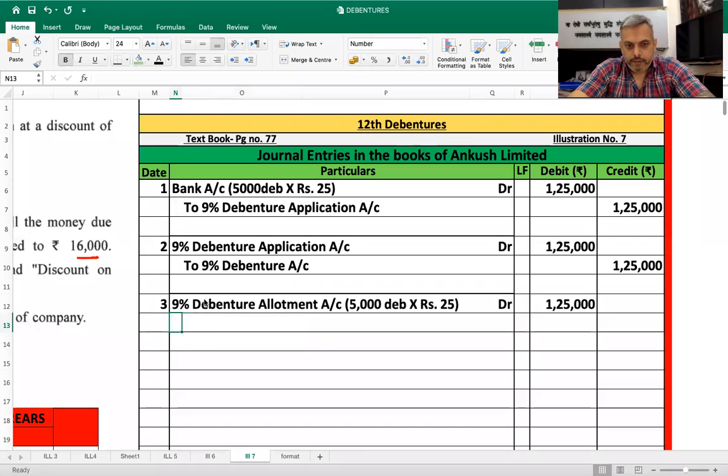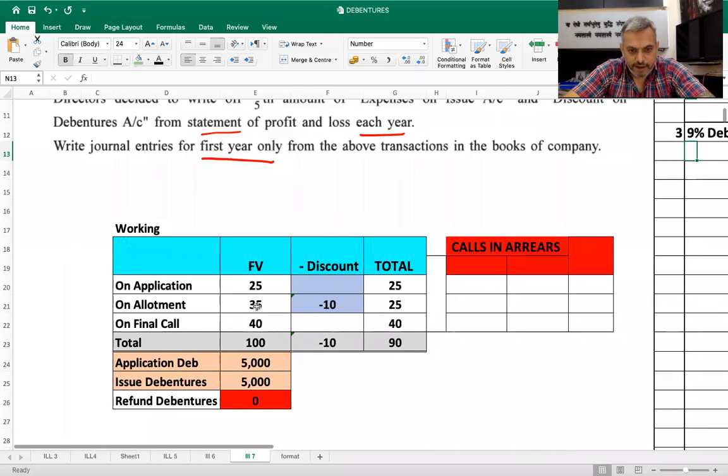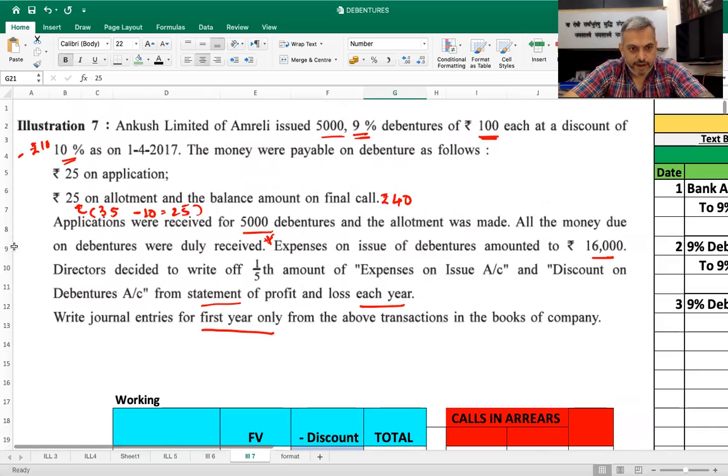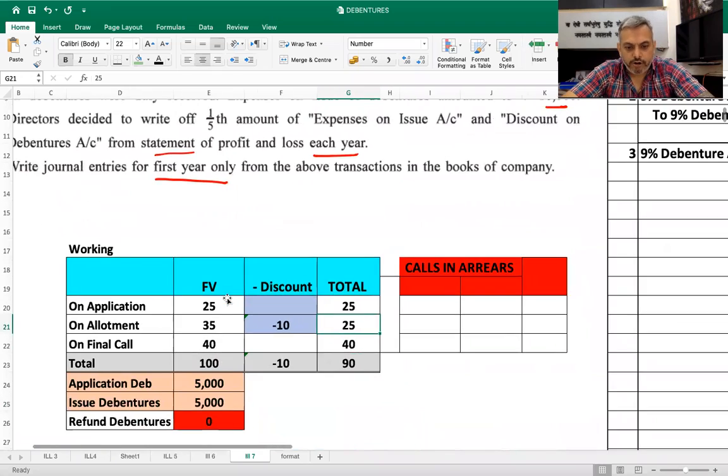Now, when we are calling this debenture allotment, we are already going to transfer it to our capital account. So the difference will go to debenture discount because face value is 35, but we are asking for 25, because discount of rupees 10 is always adjusted on allotment.